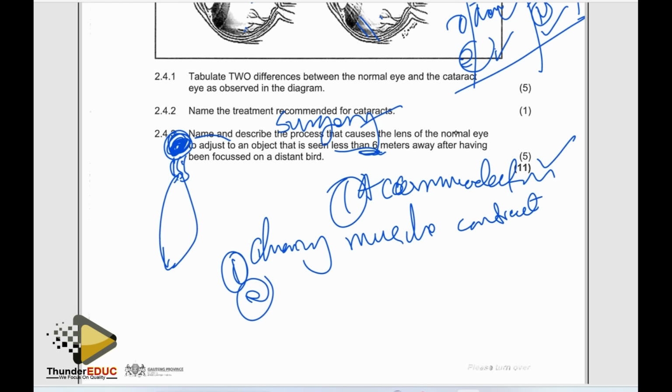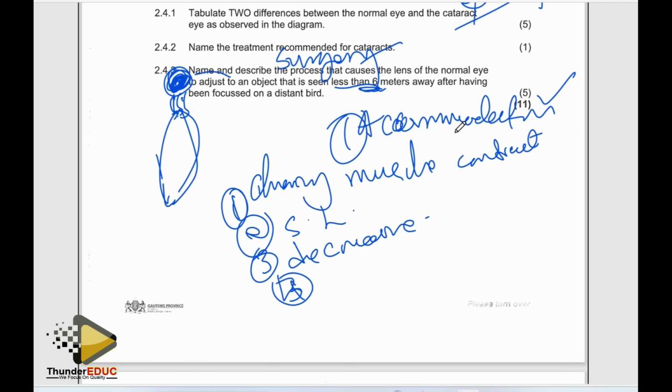Number two, suspensory ligament slackens. Then number three, the tension on the lens decreases, meaning that now the lens becomes more convex.